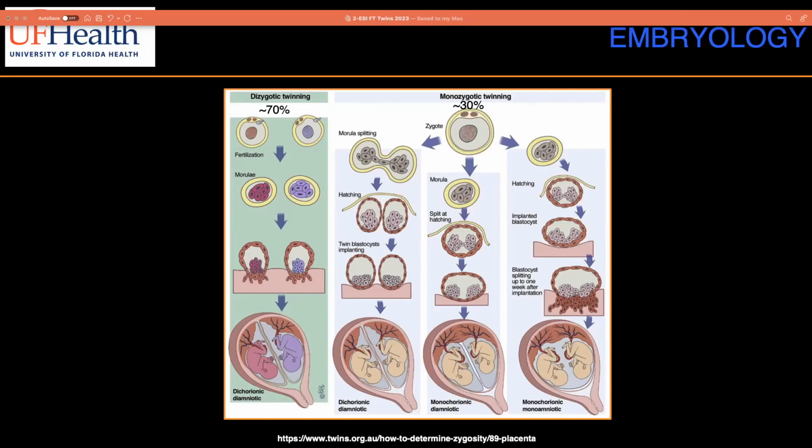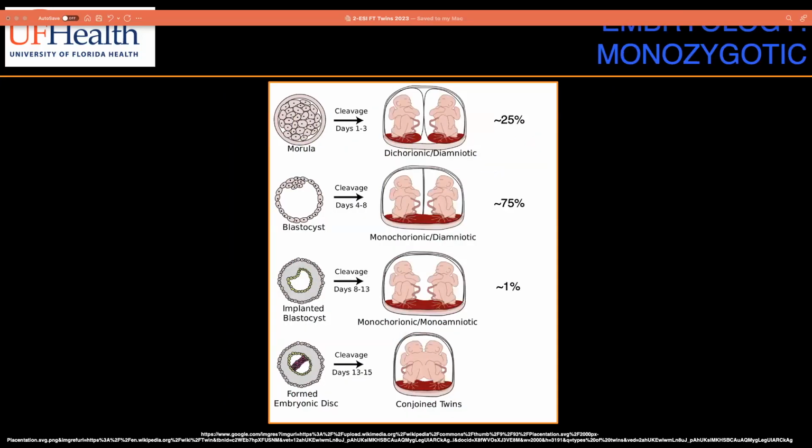So let's now look at the monozygotic twins that are the 30%. Of those, a quarter are going to be di-di, and 3/4 mono-di, and then less than 1% will be mono-mono or conjoined twins. And how this is determined is at what stage the cleavage occurs. The earlier the cleavage, the more distinct the twinning is going to be.